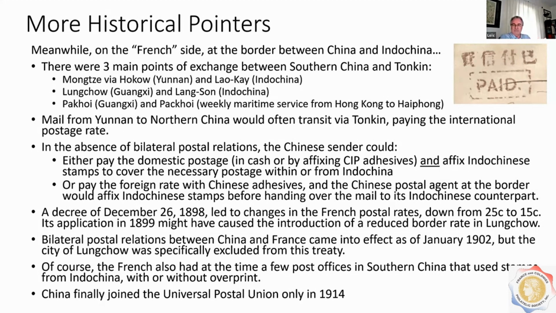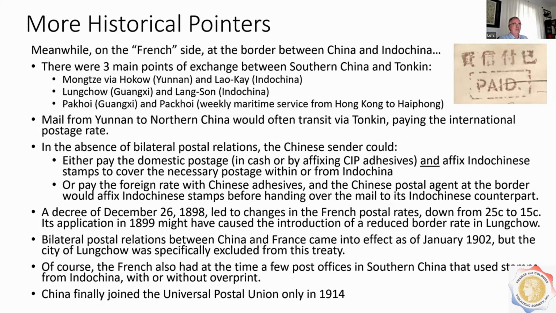You'd pay the domestic rate within China, and then you pay the prevalent rate within Indochina. Or they could pay the foreign rate using Chinese stamps. And then once the mail reached the border, the Chinese postal agent locally would affix the corresponding Indo-Chinese stamp before handing over the mail to their Indo-Chinese counterpart. So they had those two ways.